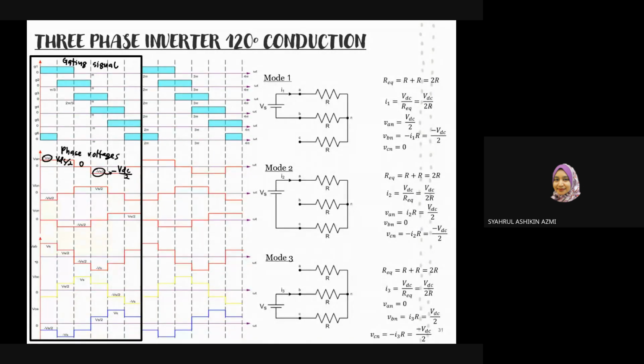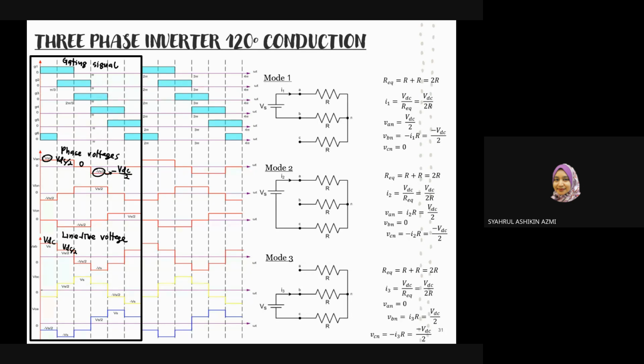And then for your line to line voltage, you will get a staircase waveform shape. There are a few levels, which you can see from here: VDC, VDC over 2, negative VDC, and negative VDC over 2. So these are the levels for the line to line voltage.